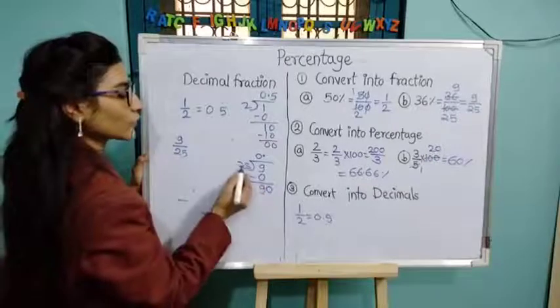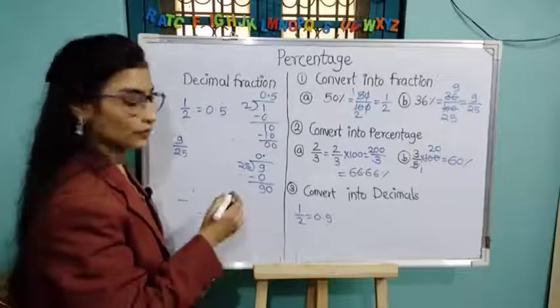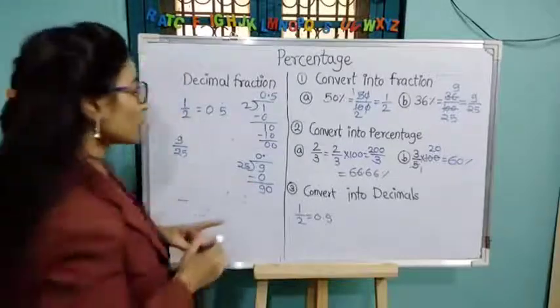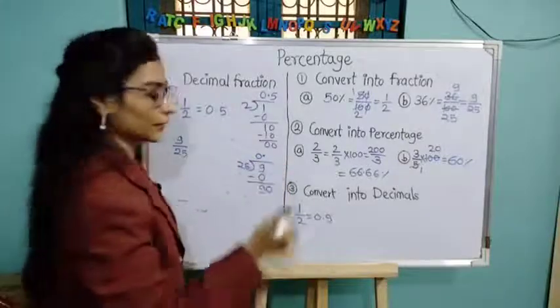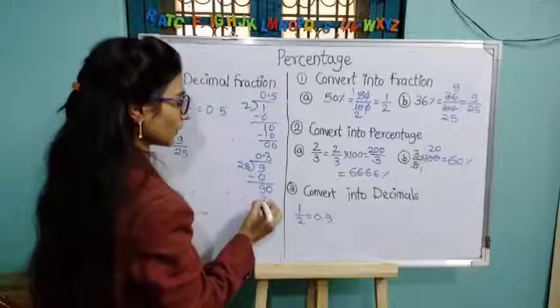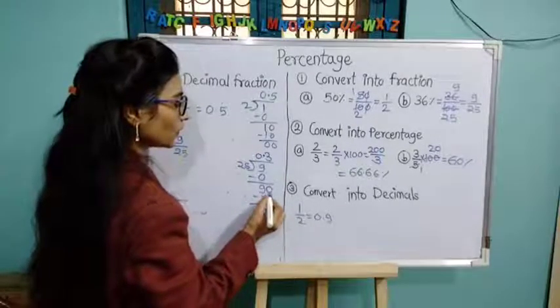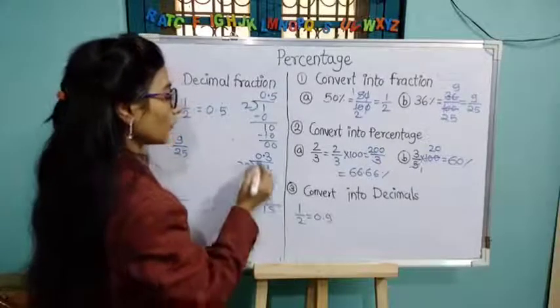But 90 is not completely divisible by 25. So which is the nearest number to 90 which comes in the 25 table, that we have to find out. So 25 threes are 75. Okay, because 25 fours are 100. So we have to take 75 here. And what will we get? 15. Okay, because 10 minus 5 is 5, and 7 minus 8... 1.